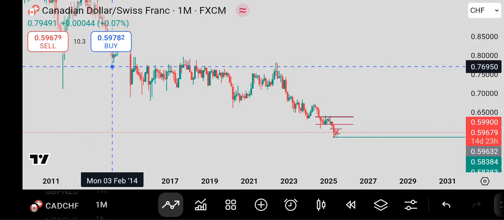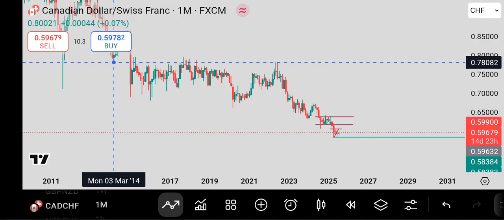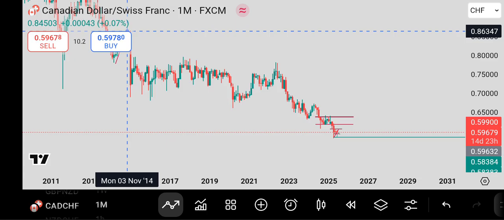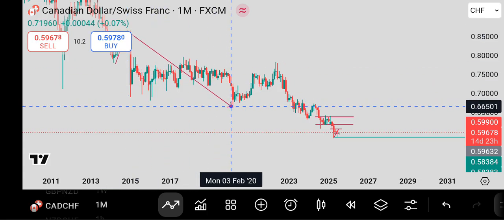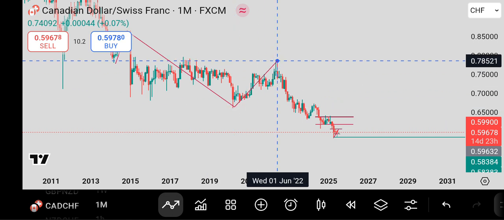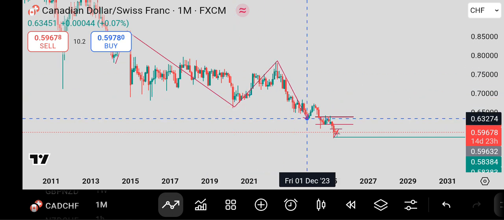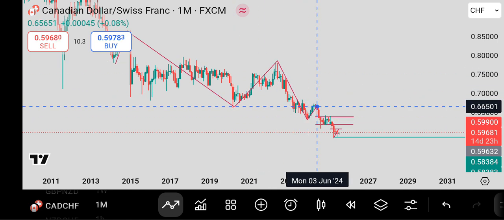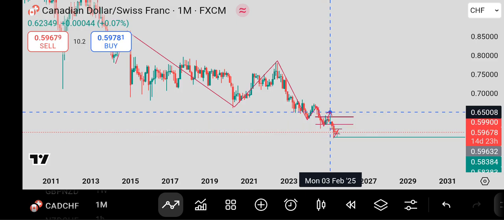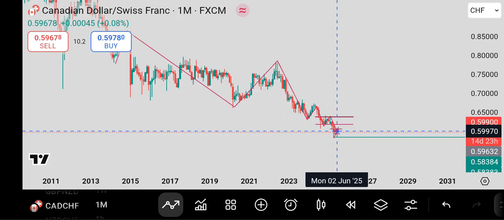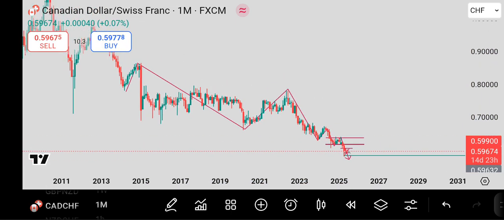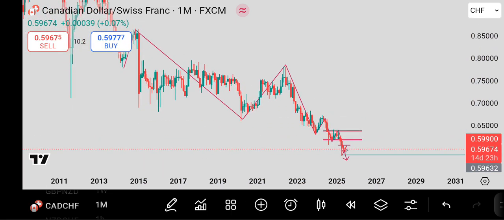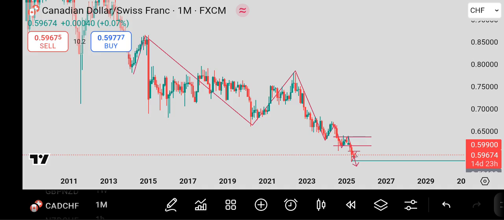The market is making a series of lower low, lower high, lower low, lower high. Technically, this is a bearish trend happening in the monthly time frame.